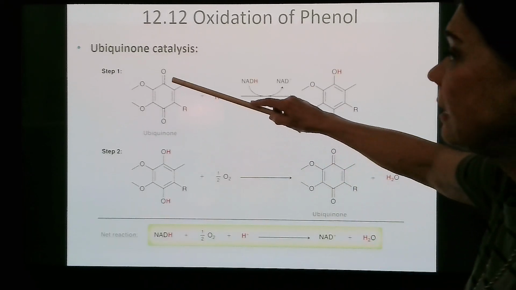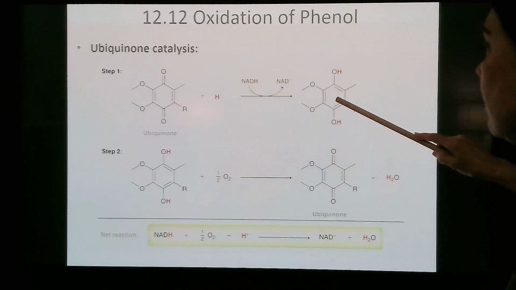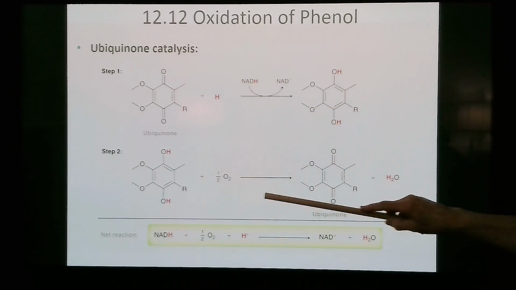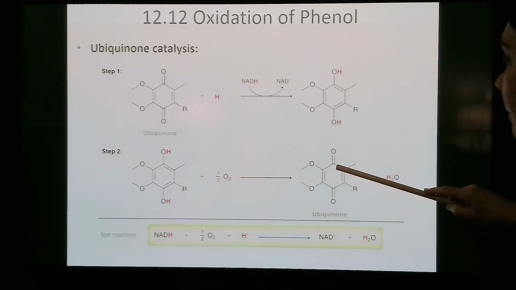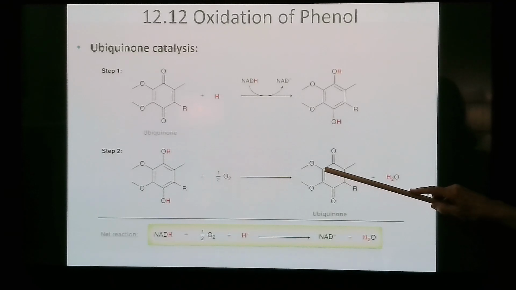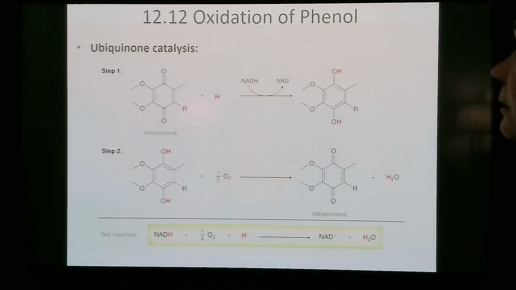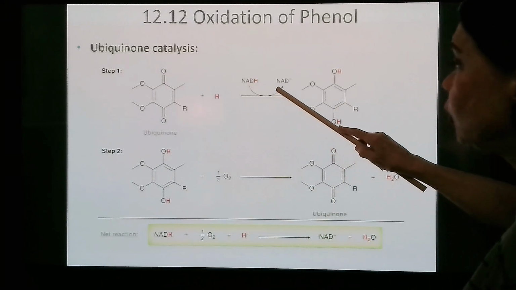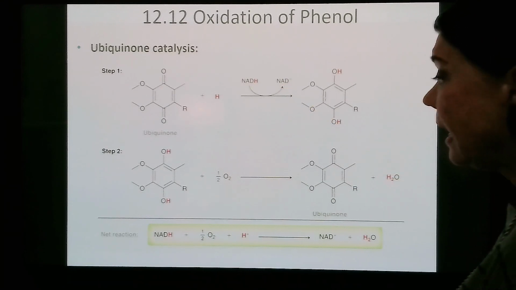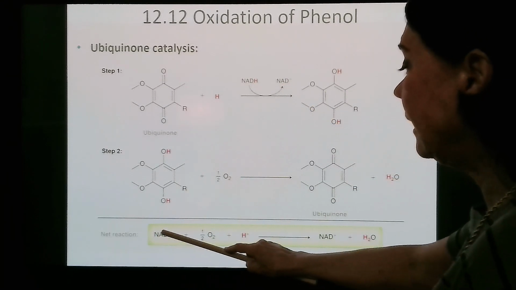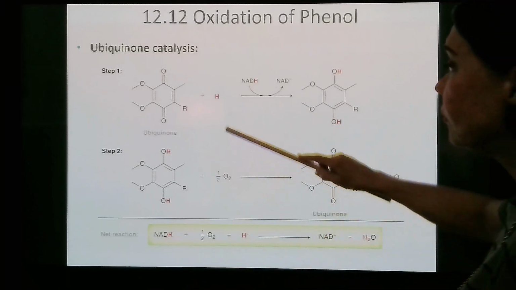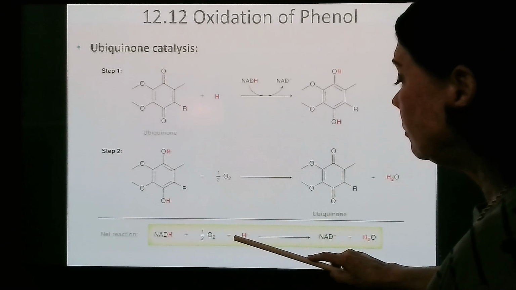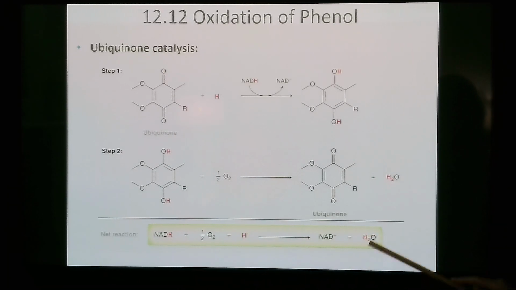And so here you can see the benzoquinone is being converted to the hydroquinone, and then in step 2, the hydroquinone is converted back to the benzoquinone. And so this is the ubiquinone catalysis, and it is carried out by NADH being converted to NAD+. So you can see the net reaction is NADH going to NAD+, and O2 and H+ being converted to H2O. So this is the overall reaction in that.